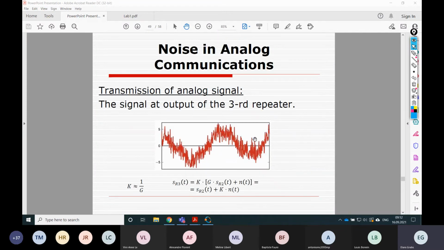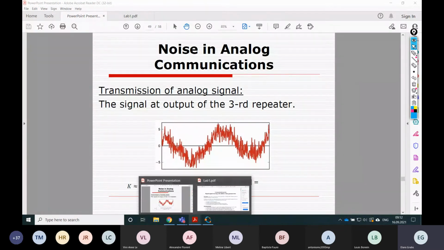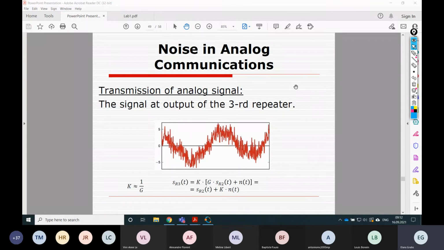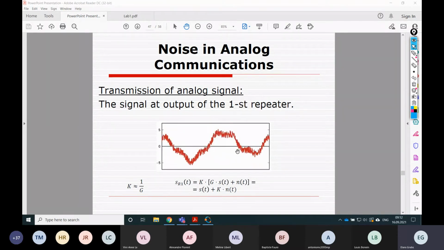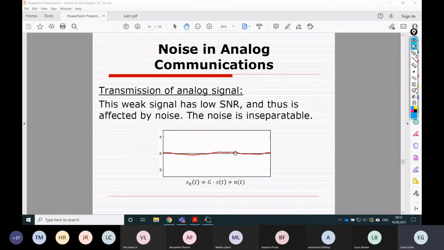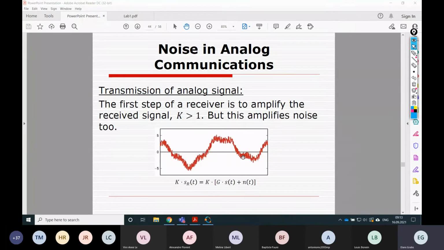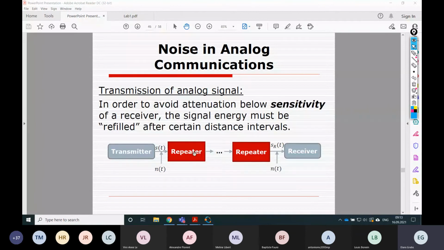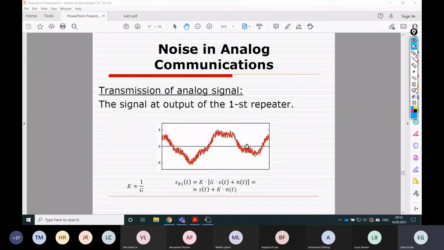A fourth repeater adds more noise, and so on. Each repeater adds more and more noise, and eventually the signal can become unrecoverable. In order to avoid this, we need to prevent the signal from falling too weak, like here. So we need to put repeaters more often, so the noise will not accumulate this fast.